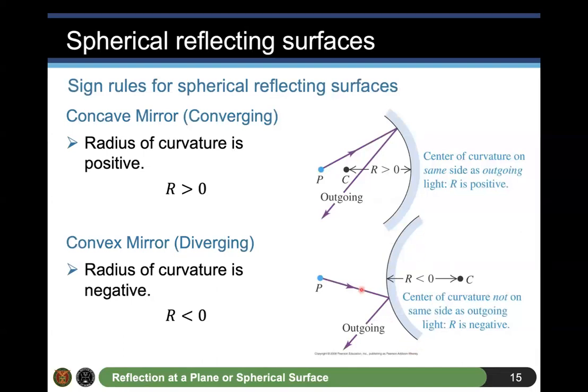Kung parang bundok yung pagtama nung rays, convex naman yung mirror or diverging. So, negative yung R. Okay? Pag tumama siya sa parang pa-cave, concave, R greater than 0. Pag tumama siya sa parang bundok or hill, diverging or convex yung mirror. Okay? So, yun yung pwede nating tandaan.